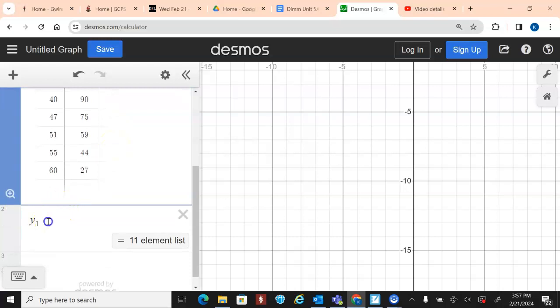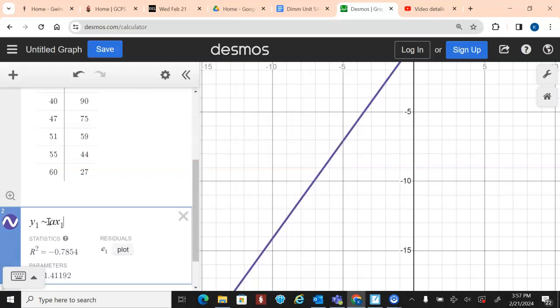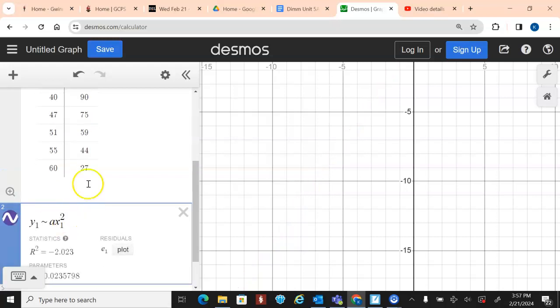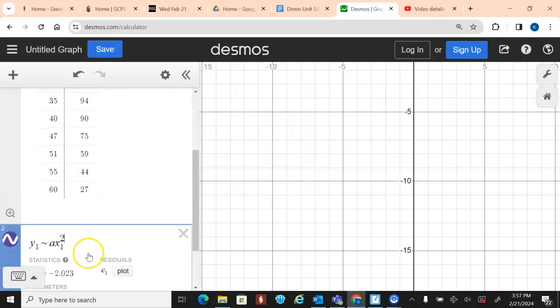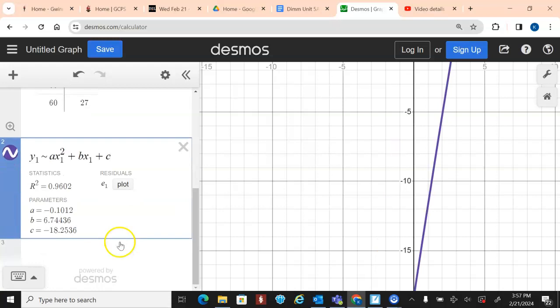Okay, so y1, then a wiggly symbol in the top left corner of your keyboard, and then we're going to put a quadratic formula, which is ax1 squared, because we're referring to the table, okay, plus bx1 plus c. Okay, that's going to give us exactly the numbers right here that we need.